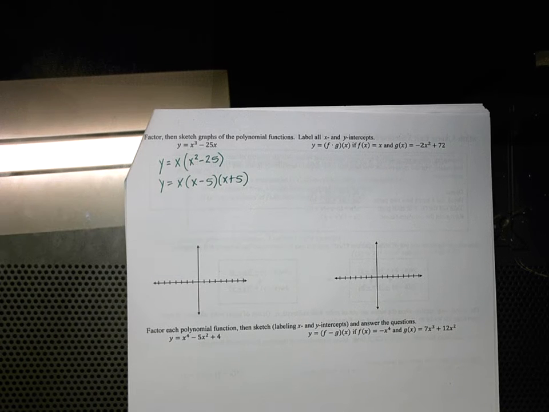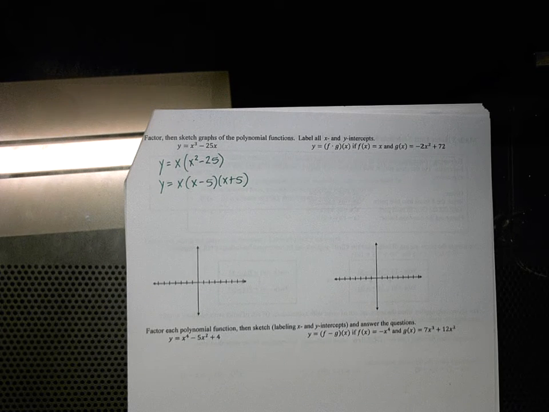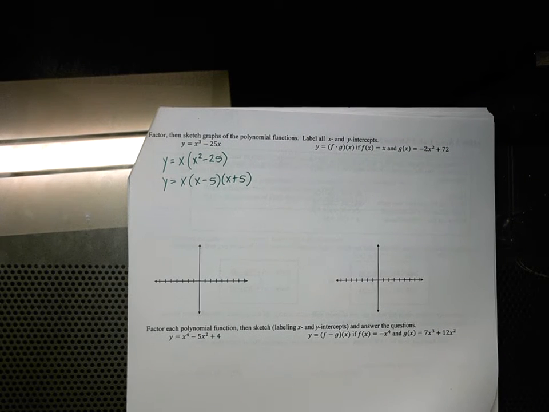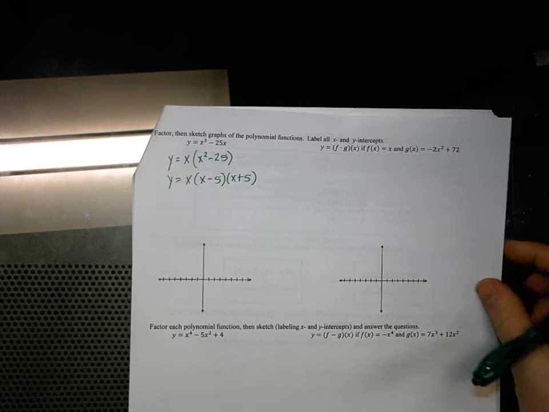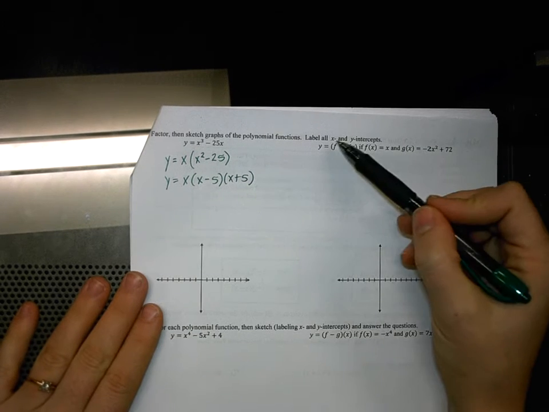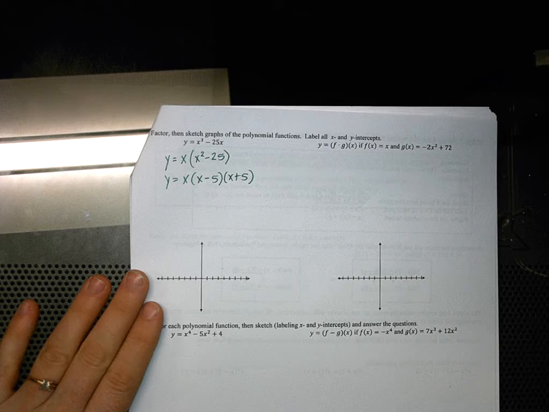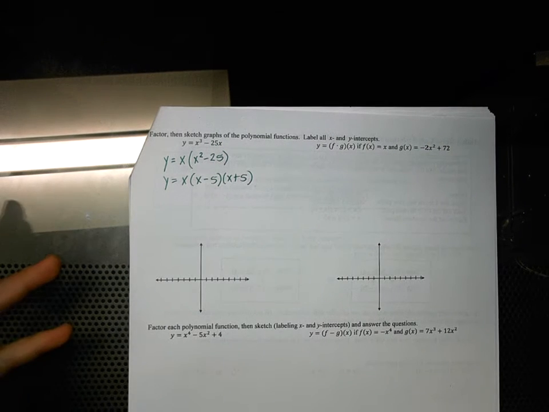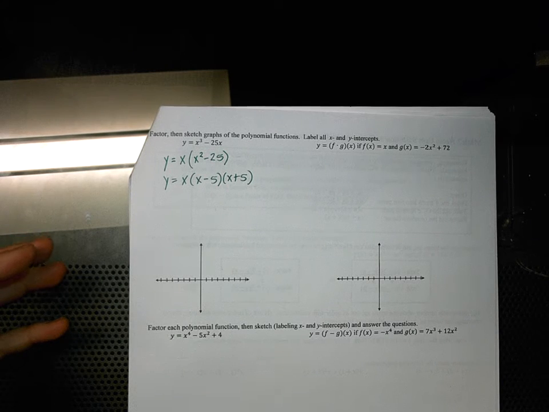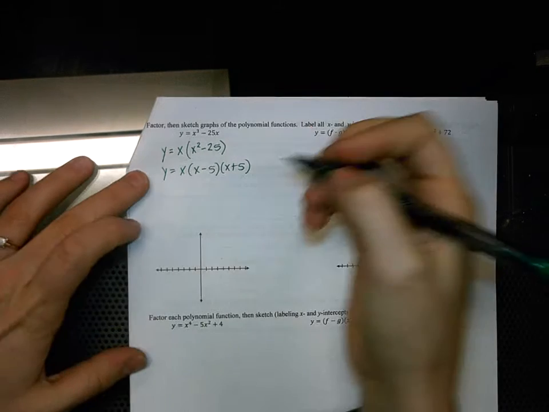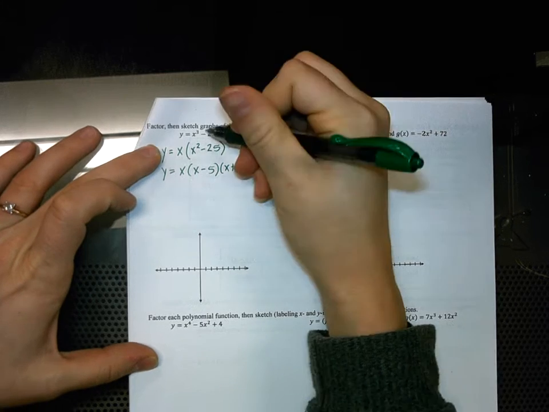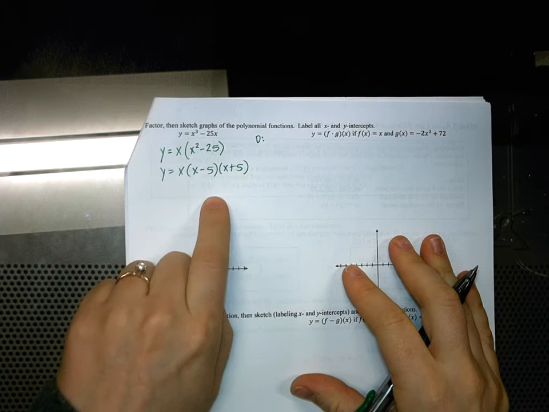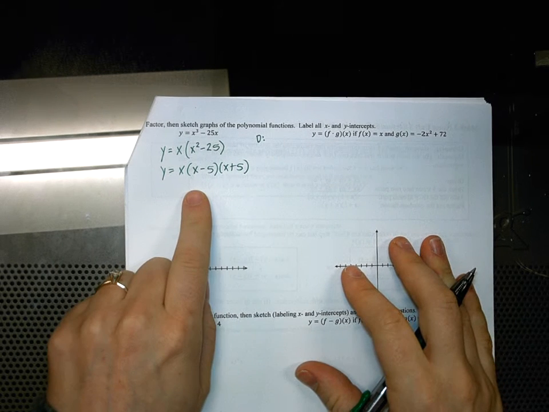So what are the different things I would need in order to graph this function? I need x-intercepts, I need a y-intercept, I need to know what direction this is going, I need to know what degree it is so that I can find out the end behavior. So just a reminder, we look at the degree to determine our end behavior, and we want to look at the leading coefficient.